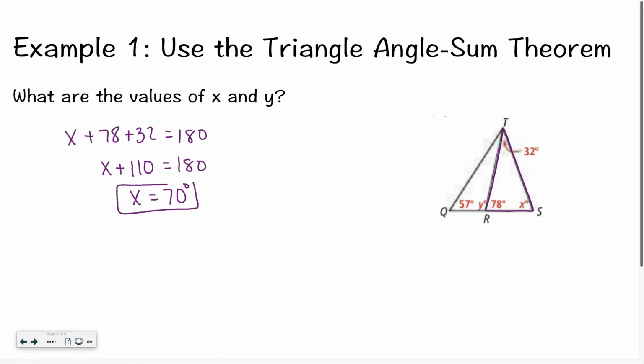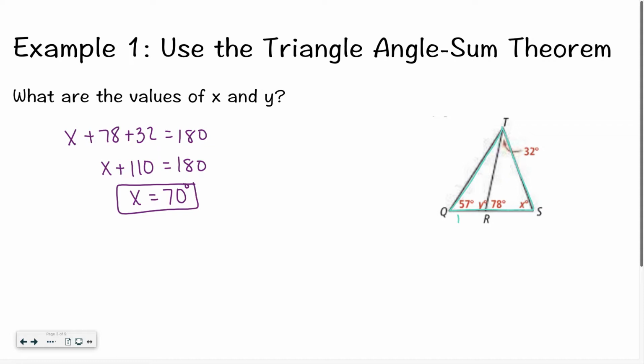And then to solve for y, I can look and see that y is in this smaller triangle. I could do 57 plus y plus, wait, I don't have that third angle inside that smaller triangle, so I can't solve it that way. So let's try again. If I have this whole triangle, maybe I can solve it then.